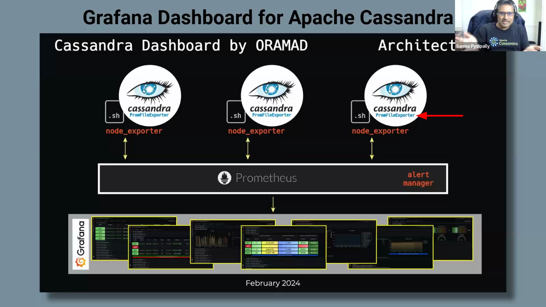Okay, let's talk about how we use this agent. Obviously, you have this agent plugged into every Cassandra node. As I mentioned, when you get the metrics, you get 20,000 or 40,000 metrics. There is no use in publishing that to Grafana. It's an overwhelming amount of data, and most of the metrics may not make any sense.